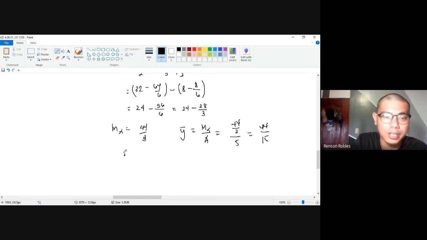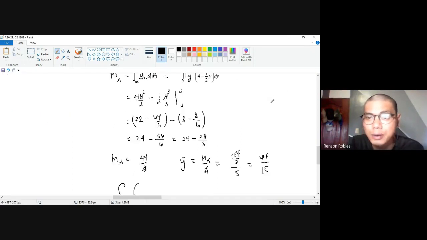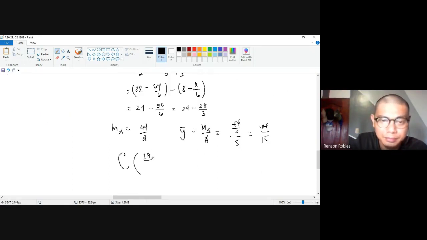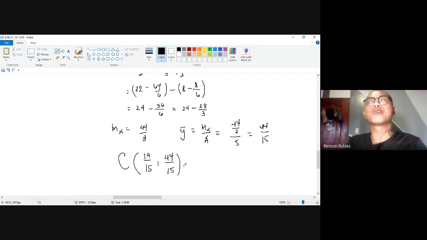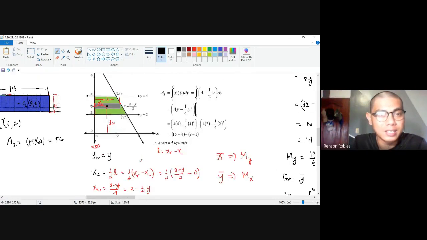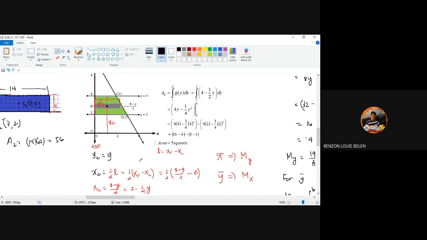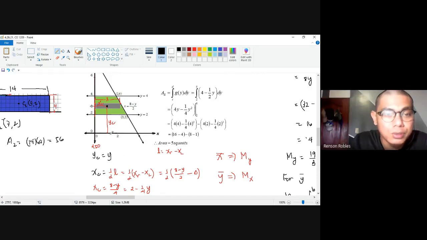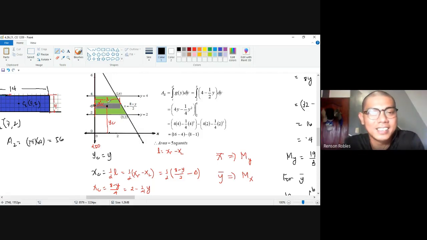And therefore, the centroid is located at 19 over 15, 44 over 15. Let's get the decimal equivalents to locate it in our region. 19/15 is 1.27, and 44/15 is 2.93. So it is somewhere here, which we assumed correctly.